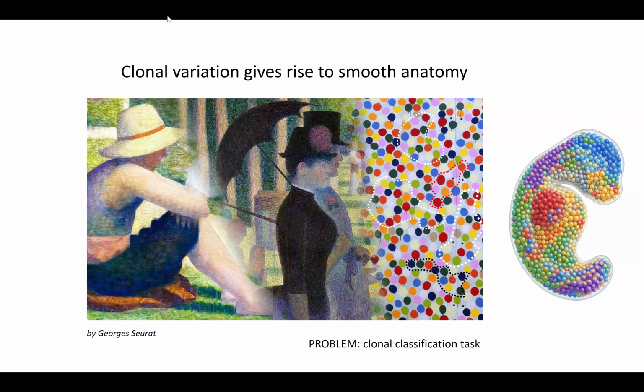Imagine that these different colors correspond to cell types. And these cell types, though being different, somewhere in space will be organized into clones. So this will be clone 1, for example, and somewhere here we will have clone 2, and somewhere here next to them we'll have clone 3, and so on, right?